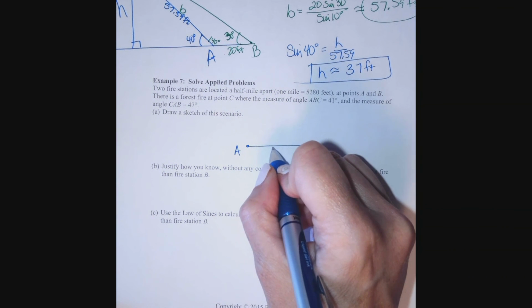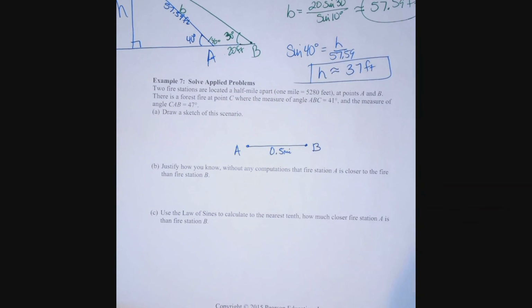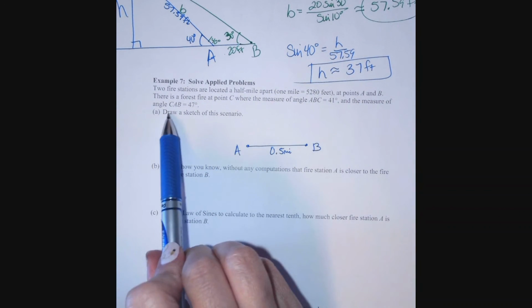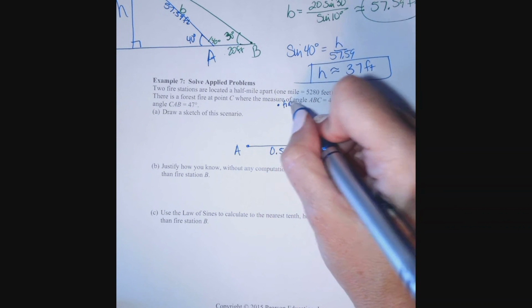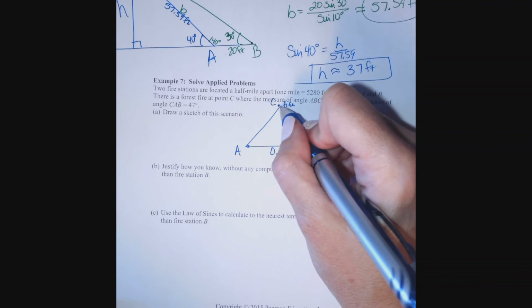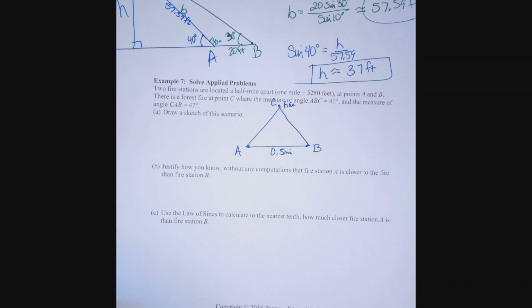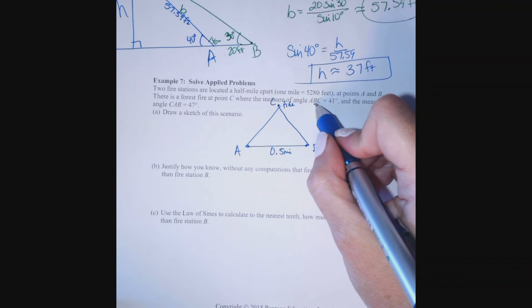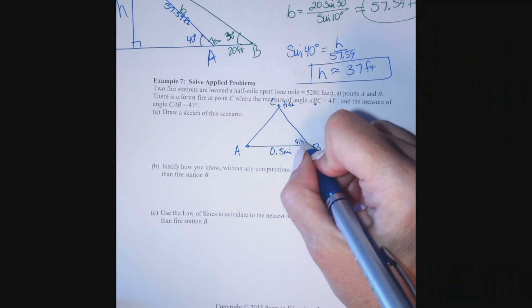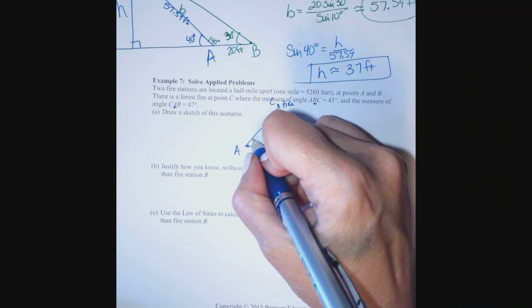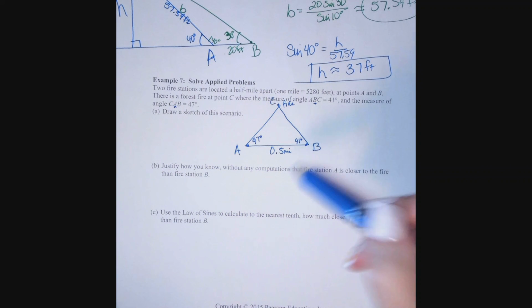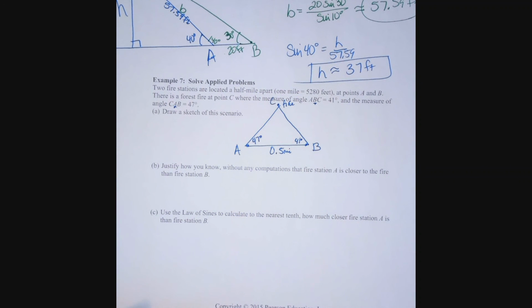We can just say this is 0.5 mile apart. And there's a fire up here at C so that it forms a triangle. When it forms that triangle, angle B is 41 degrees and angle A is 47 degrees. And we know side C. We need to figure out angle C.